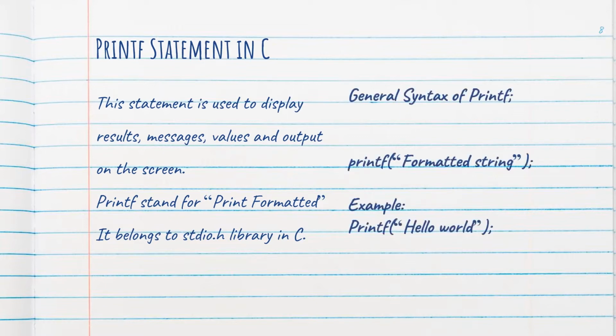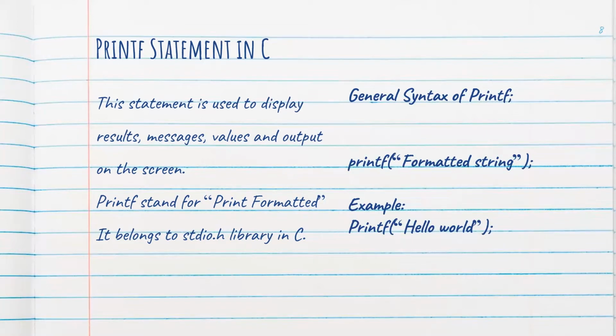The syntax of the printf statement is: first you have to write printf, then put a parenthesis. After that, you put inverted commas, and in them you write the formatted string. This formatted string can contain a simple message.